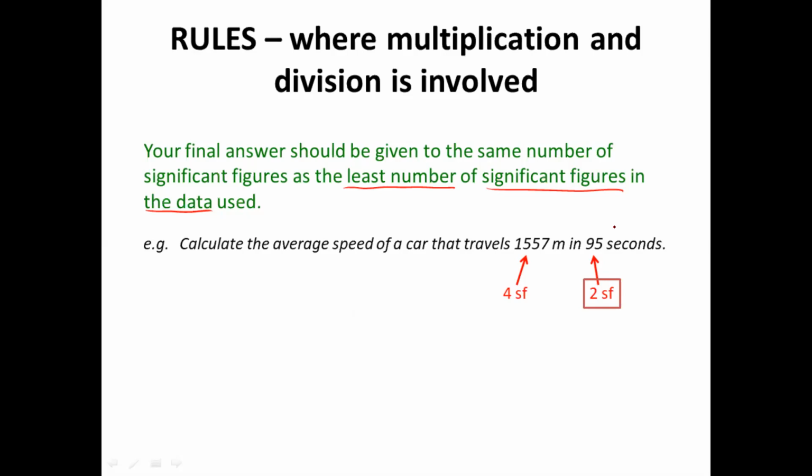If the time was measured to the nearest second, 95 seconds, that's the number of significant figures that you can claim your final answer has. And then when you do the calculation, you round off to 2 significant figures. You only do that to the final answer. If it's a multi-step calculation, only do the rounding off to the correct number of significant figures at the very end, only the last step.